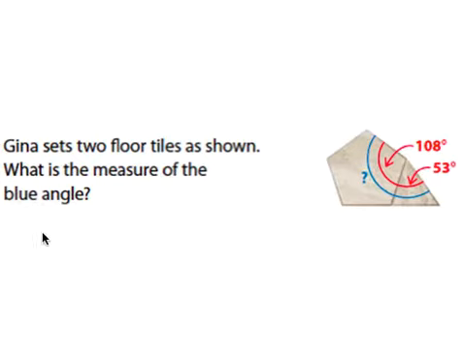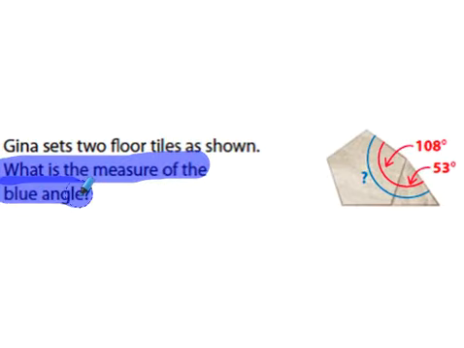What is the question? The question is, what is the measure of the blue angle? Your sentence should start something like, the measure of the blue angle is blank degrees. This is the question that you're answering.